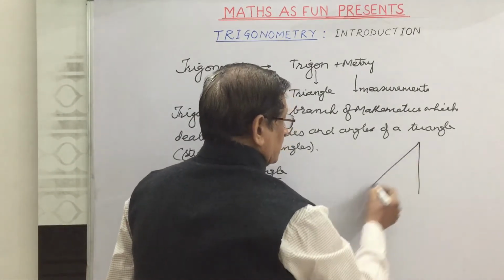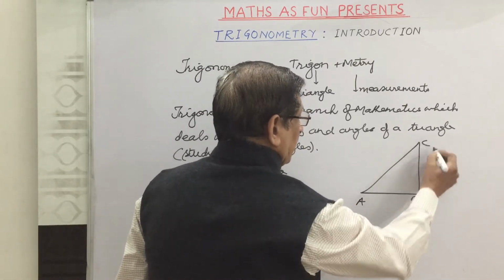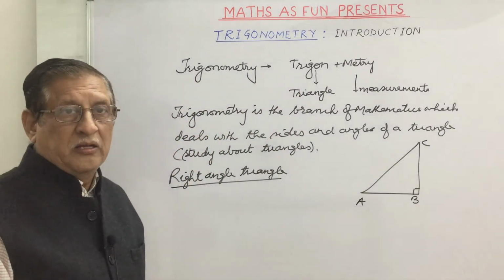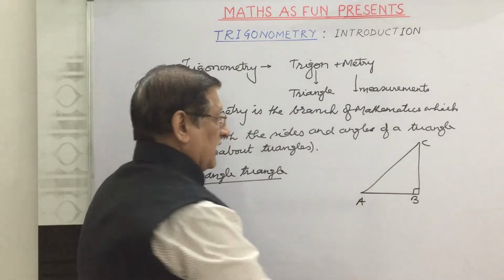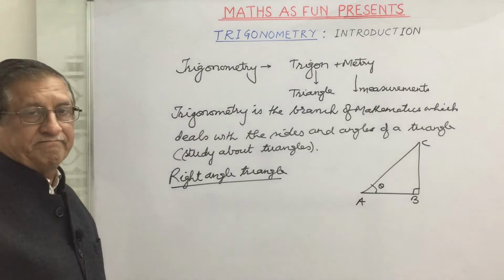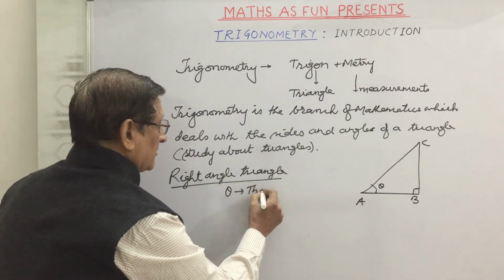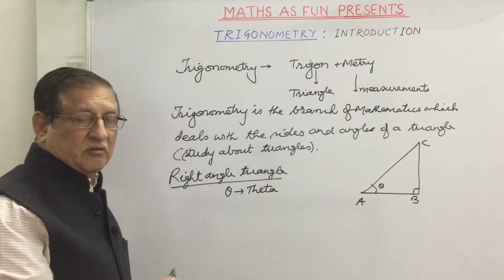Suppose we have a right angle triangle ABC in which B is 90 degrees, B is a right angle. Now these are two acute angles. If this particular acute angle we write as theta, this is known as theta. This is also a Greek letter, theta, we generally use for angles.